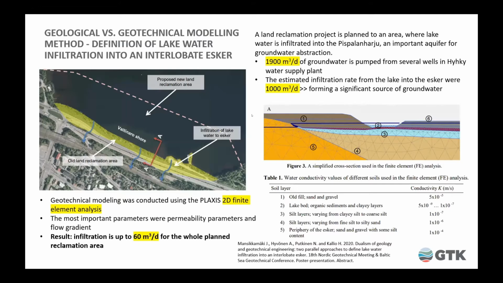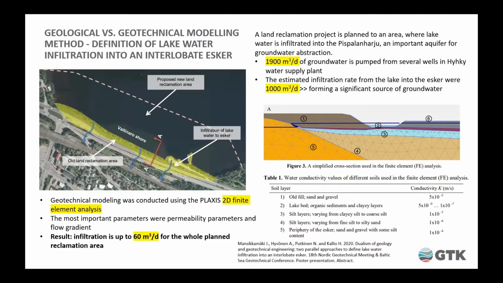So they asked the Geological Survey to make their own estimation, and they also asked a geotechnical engineering agency to make their own estimation. First I will show what the geotechnical engineers were doing. So it was a very simple 2D finite element analysis.